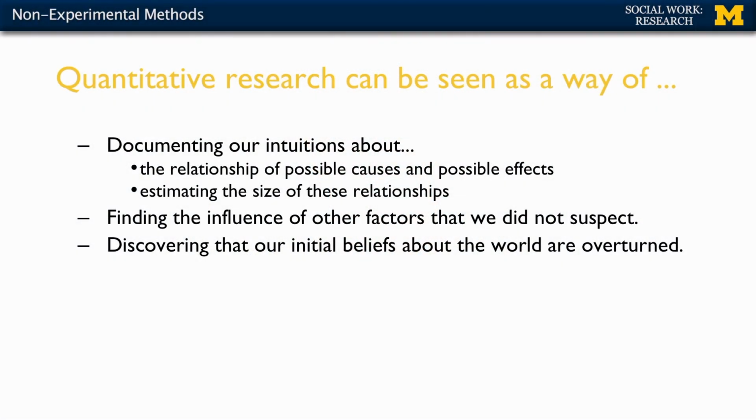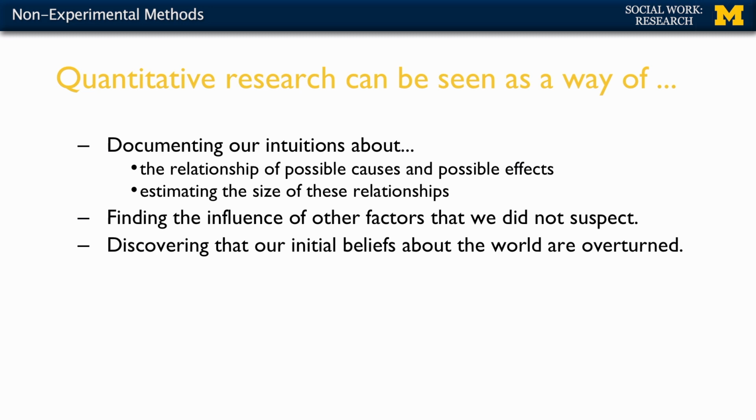So in contrast, quantitative research can be seen as a way of documenting the intuitions that we have about the relationship of possible causes and possible effects. We want to estimate the size of these relationships, so give precise estimates whether the relationship between, for example, a treatment or an intervention and an outcome, whether that relationship is large, whether it's moderate, whether it's small, whether it's positive, whether it's negative.